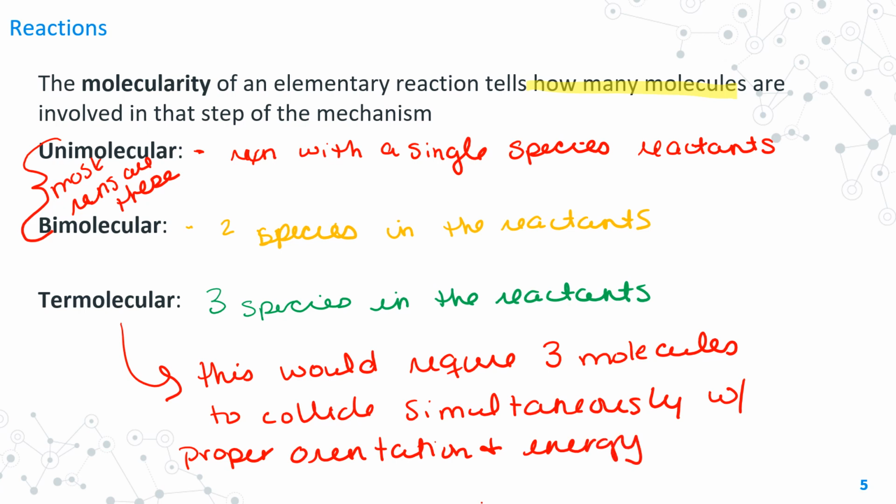And that just doesn't happen very often. It's not very often you can get three molecules to hit exactly like they're supposed to. So that's why most of them are unimolecular or bimolecular.